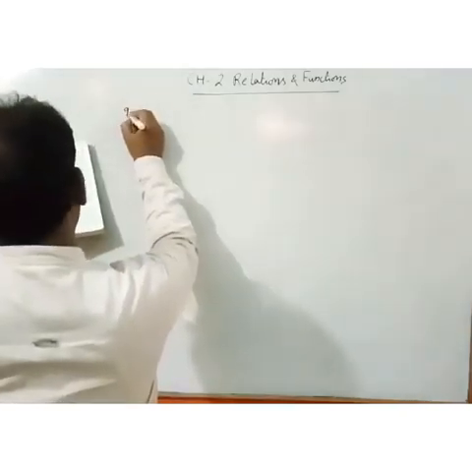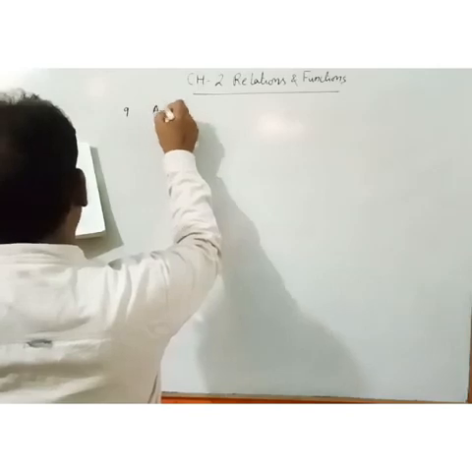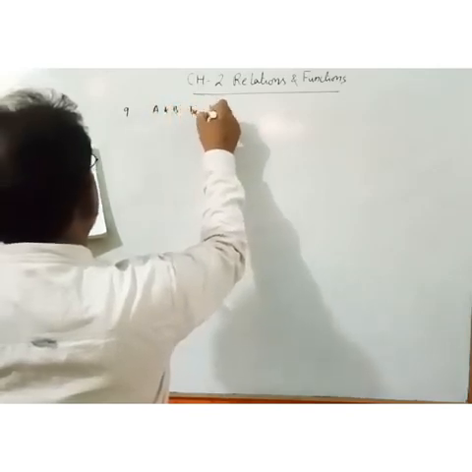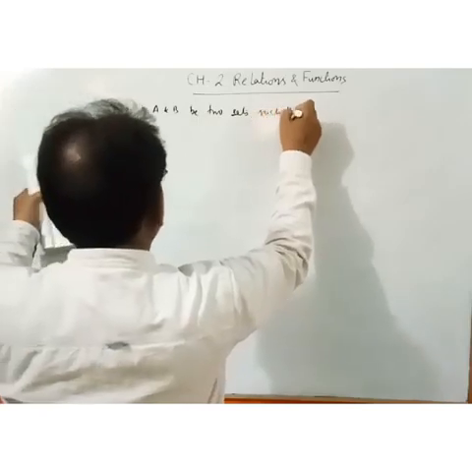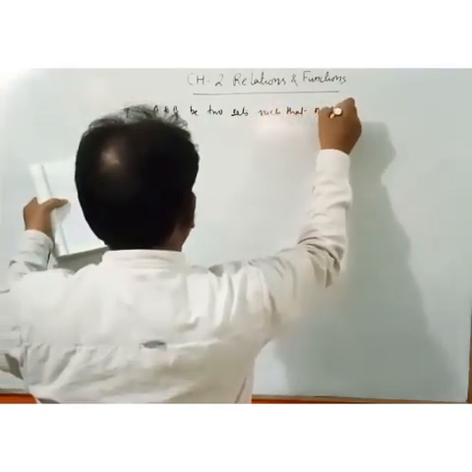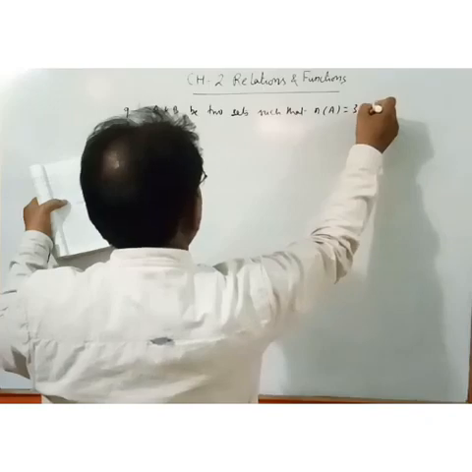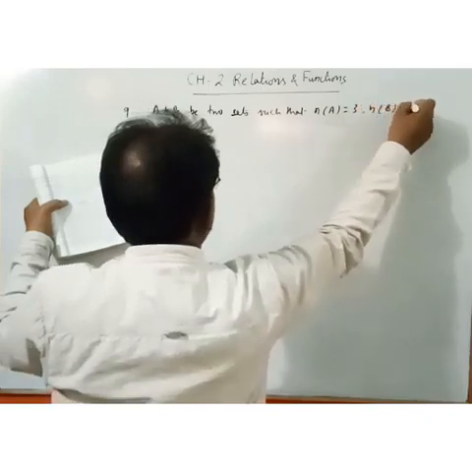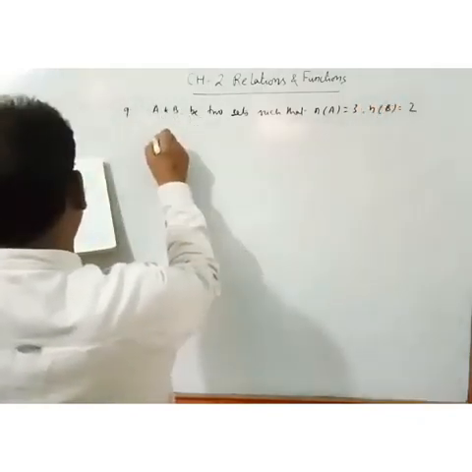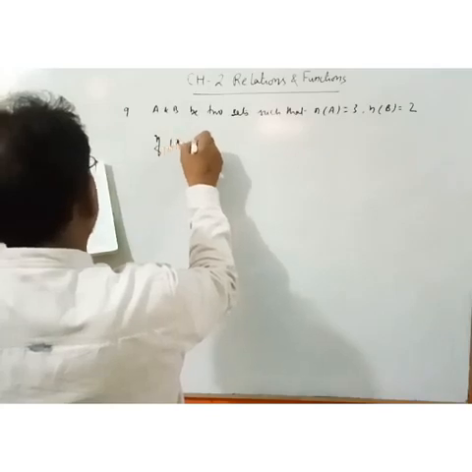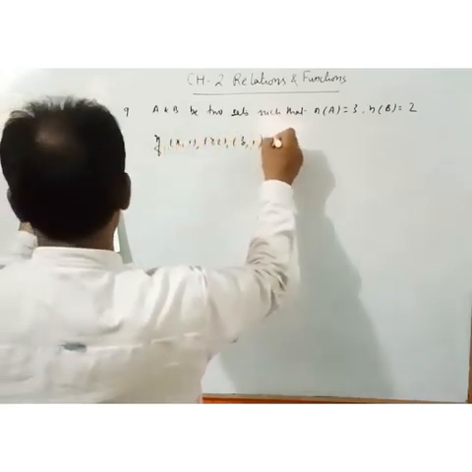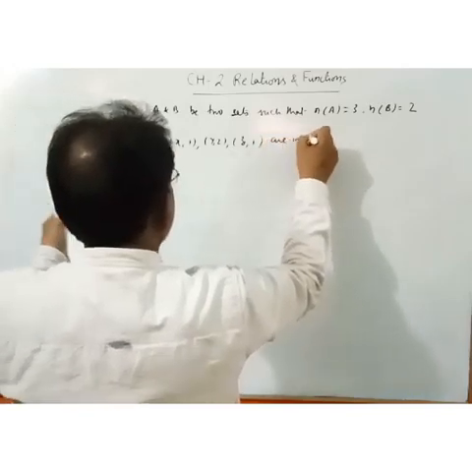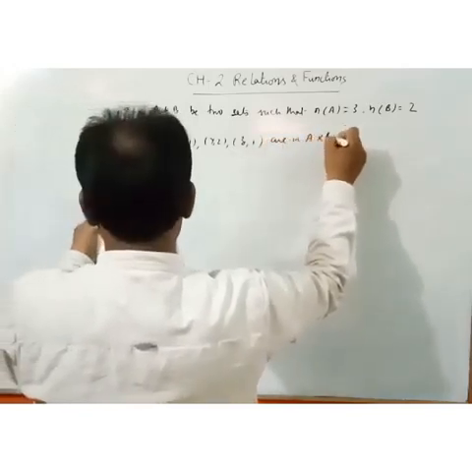One problem we are taking from the exercise to understand Cartesian product once again easily. This is question number 9. A and B are two sets such that the number of elements in A is 3 and the number of elements in B is 2.